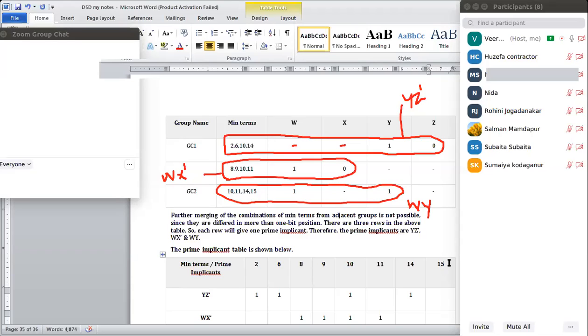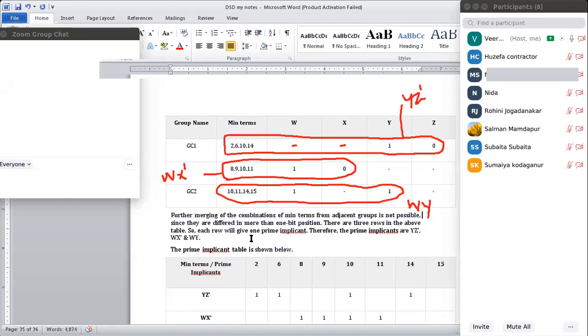Okay. All the terms which have been given in the function, in the problem, are all covered here, right? And after coming to this step, what we have got? 3 minterms we have got. One is Y Z bar from the first row, from the second row W X bar, and from the third row W Y.